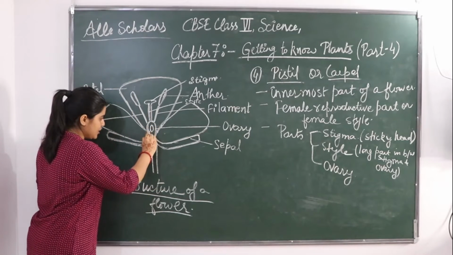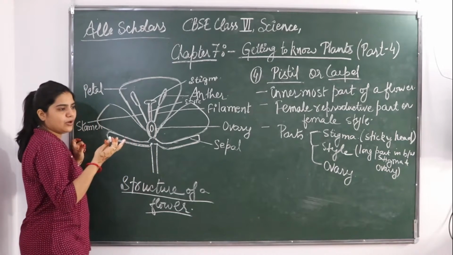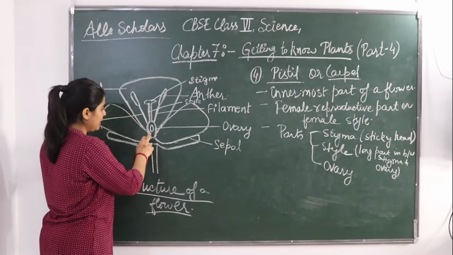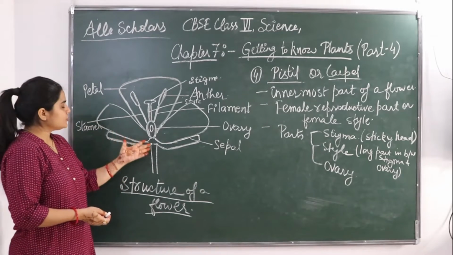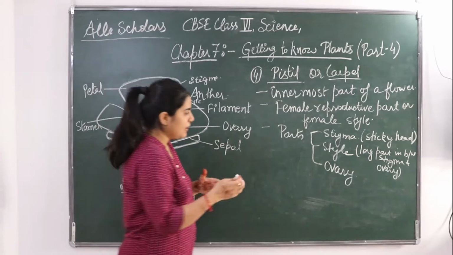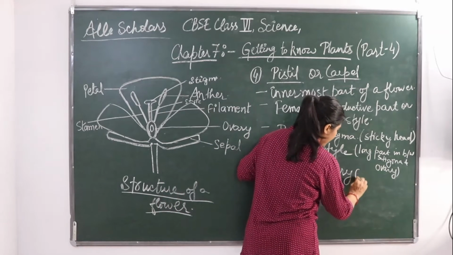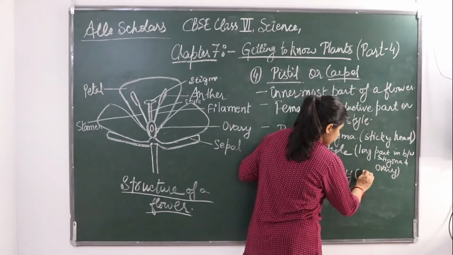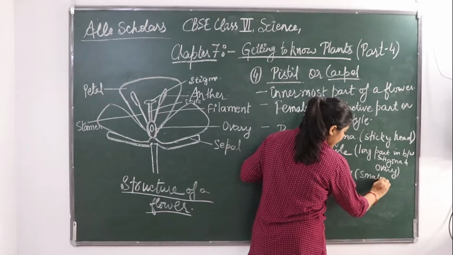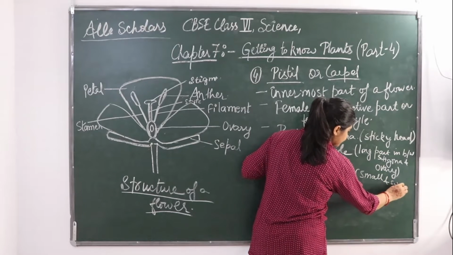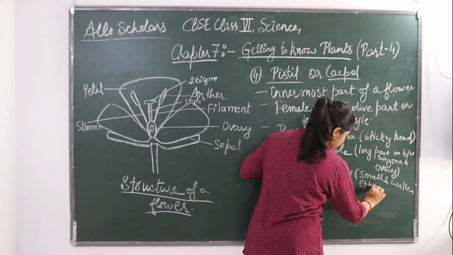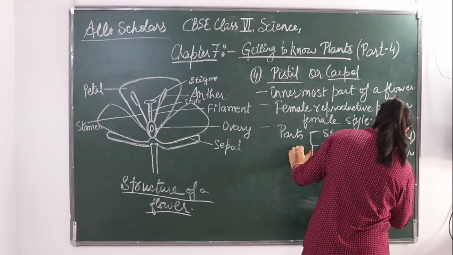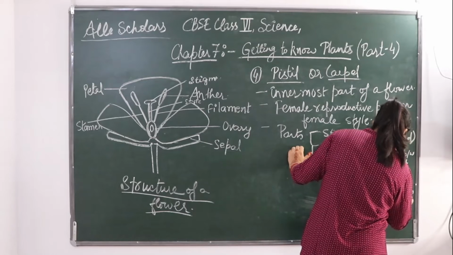It's a bit of a swollen structure, a swollen sphere in shape. So this is at the base of a pistil. Okay, so the ovary is a small and swollen sphere present at the base of a pistil.